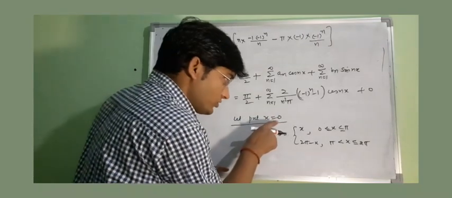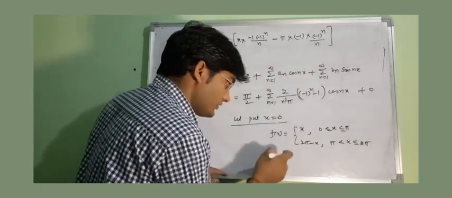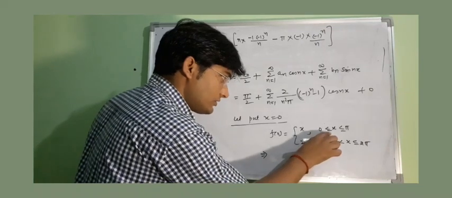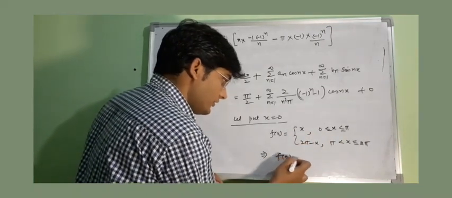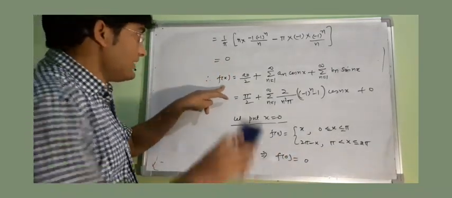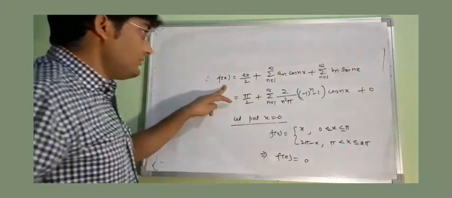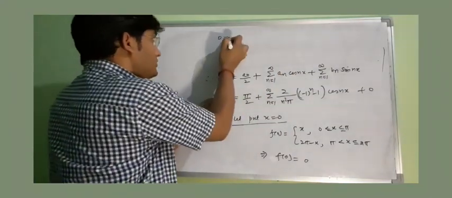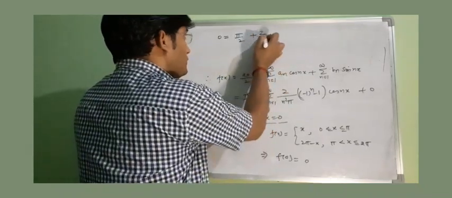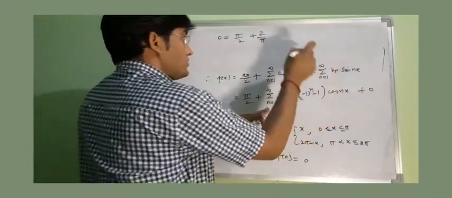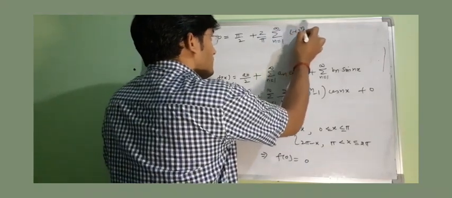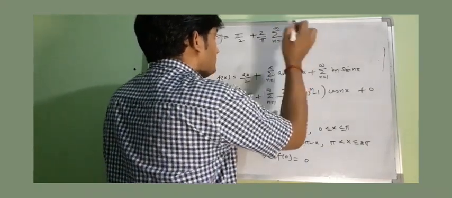Now at x equal to 0, you can see that the value of function will be at x equal to 0. Here we have the equal to sign. So at x equal to 0, the value of the function will be 0. So your f(0) is 0. That means the left hand side is 0. So if the left hand side is 0, then we will have 0 equal to pi by 2, then from here we will have 2 upon pi. Now as cos 0 is 1, so in the bracket we will have the sum from n equal to 1 to infinity of minus 1 to power n minus 1 upon n square.